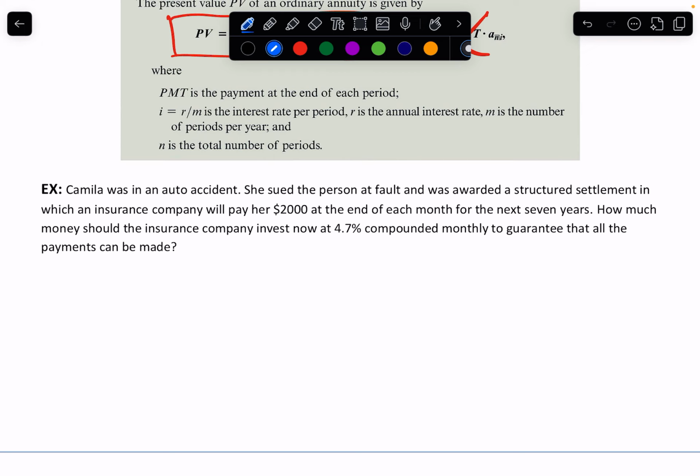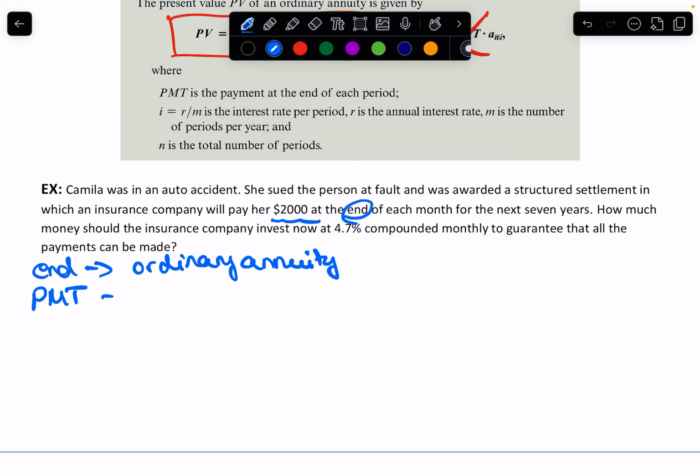At the end of each month means that this is an ordinary annuity. The PMT is the $2,000. The time is 7 years.